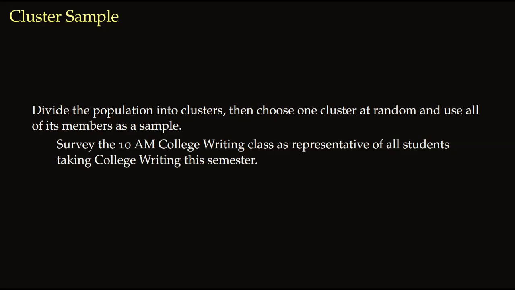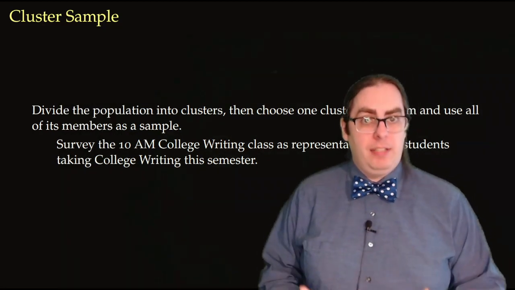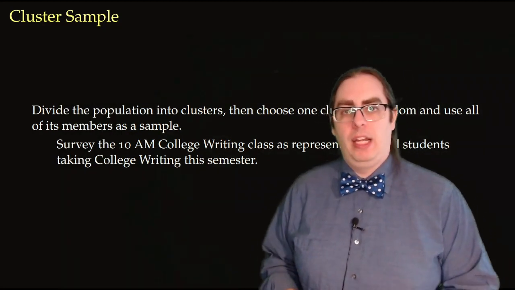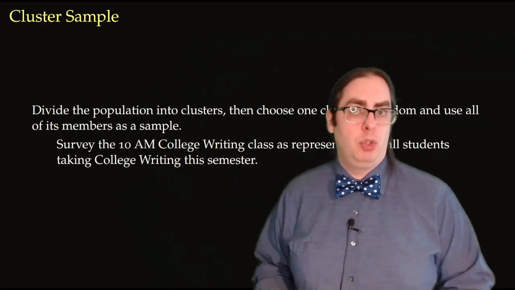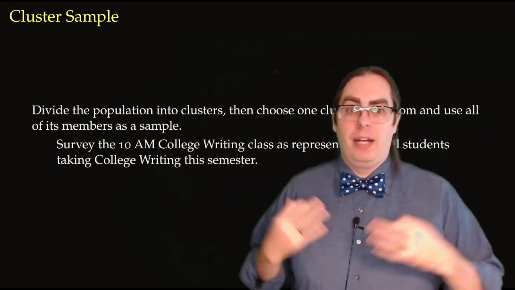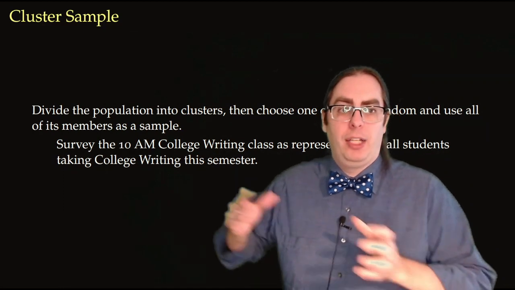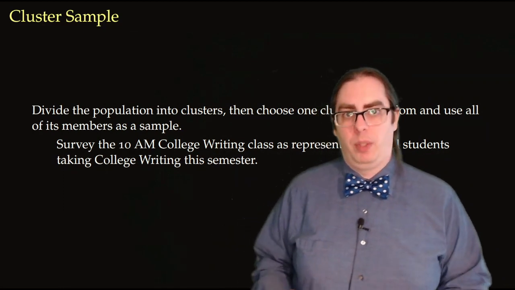I will choose the students who are taking college writing at 10 a.m. And those students are my sample. It's very convenient, it's very useful as a way of creating a sample because I can do it without having to think about it. I don't have to chase people down. I just know that I go into the 10 o'clock class whenever I want data.